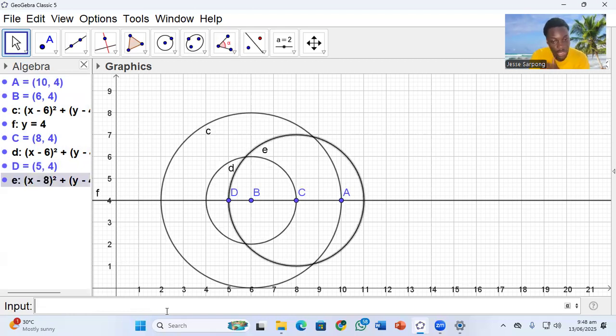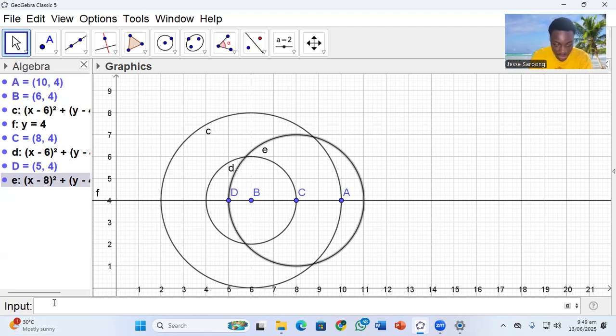The reason why we are doing this is to bisect this small circle D. If you bisect this circle, we'll also be bisecting the bigger circle, because the two circles have the same center.